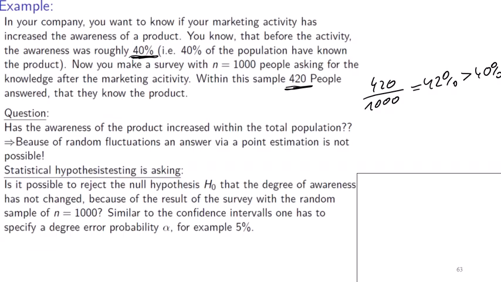Well, now from a descriptive point of view, you could make the argument that the awareness has increased, because now 42% of the people know my product. But of course, you have only asked 1,000 people, and maybe by accident you have asked the right people, maybe many people who already knew your product even without this marketing activity.